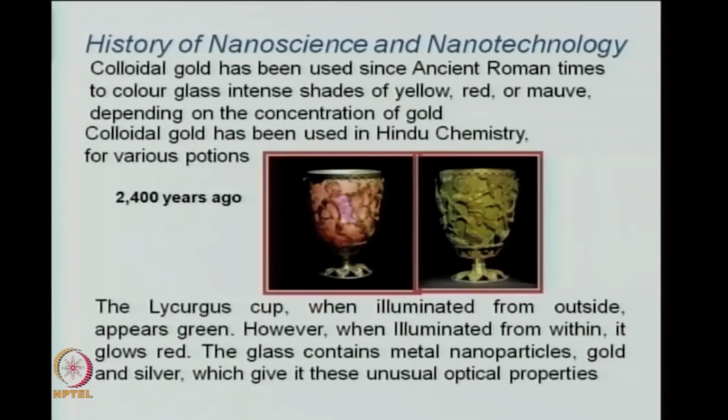In ancient Roman times, they used to make particles of cobalt, silver, etc. in solutions and used to mix them to form glasses which had color, and this was known nearly 2500 years back. People have made such colored glasses.